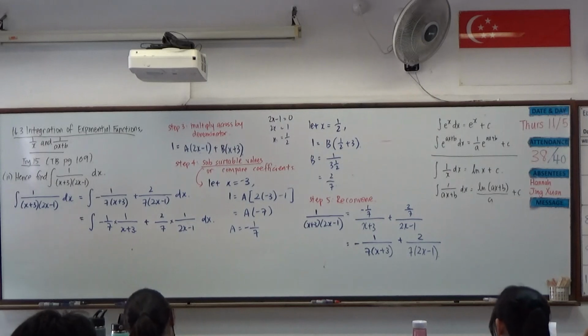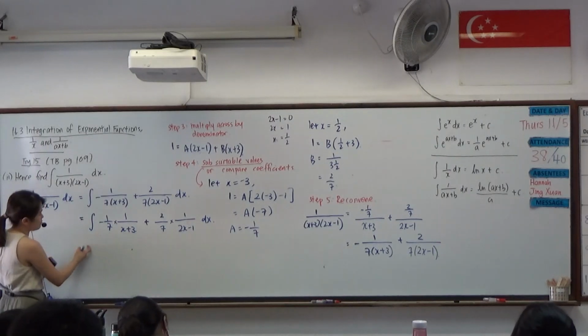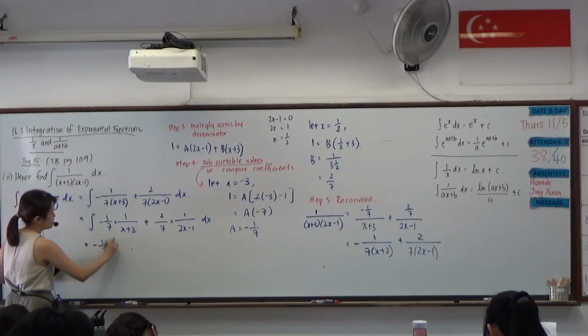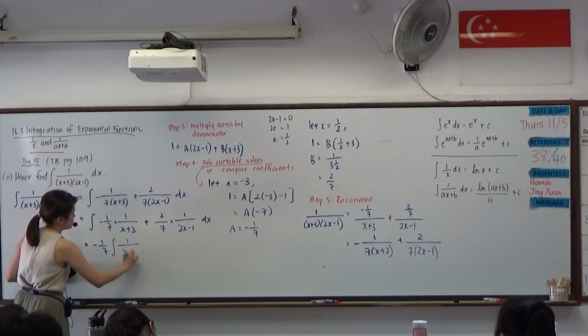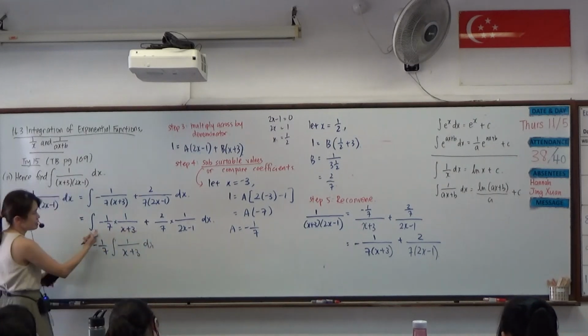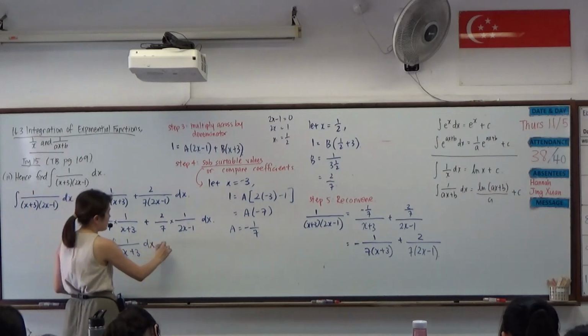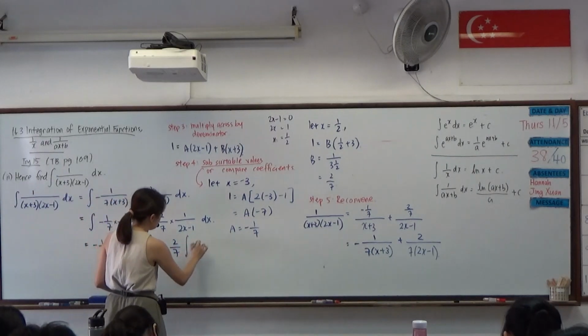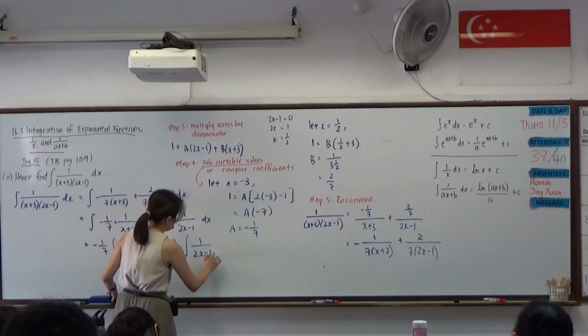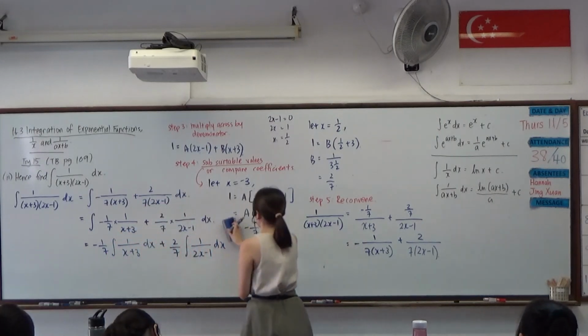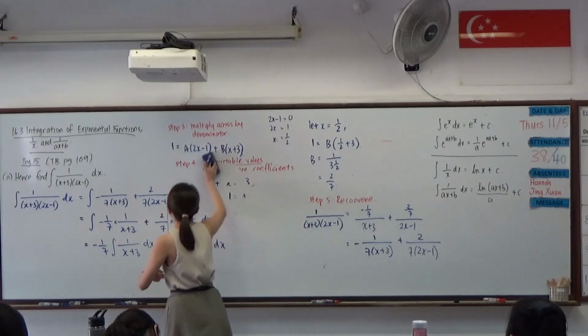Then we can bring out this negative 1 over 7, integrate this first part, followed by taking out the 2 over 7 and integrate 1 over 2x minus 1.